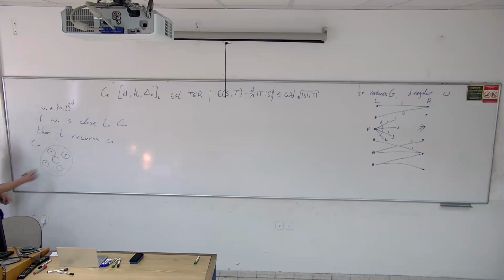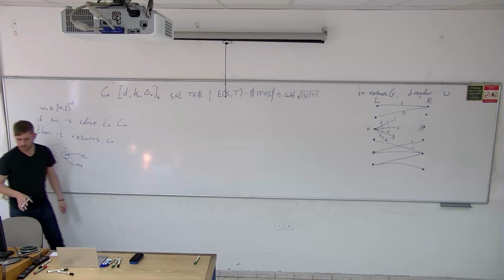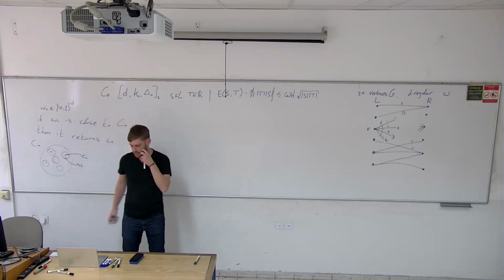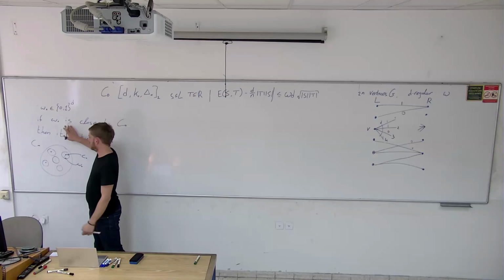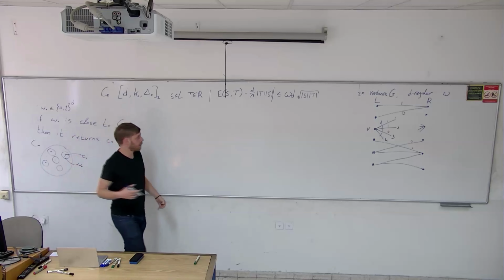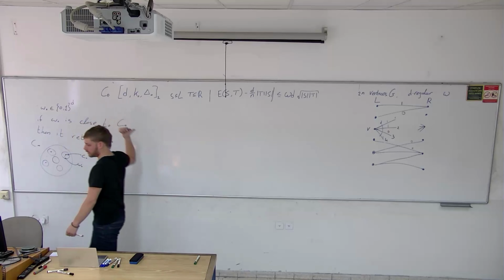Okay, this is W0 and this is C0. And what happens if it gets a word that is not close to the code? We don't care, it just returns an arbitrary string and it won't matter to our analysis. So we have this algorithm in hand, and we want to create such an algorithm for the expander code.